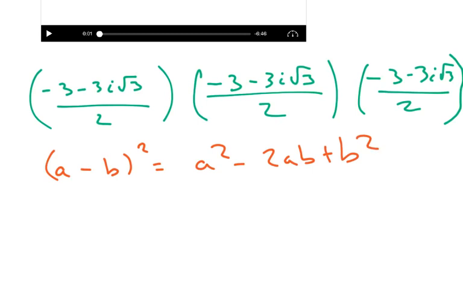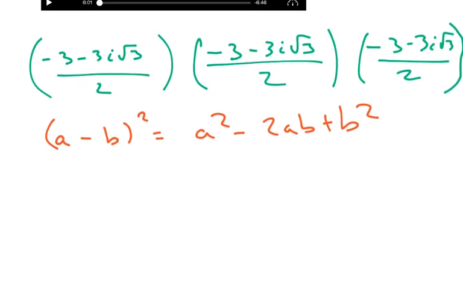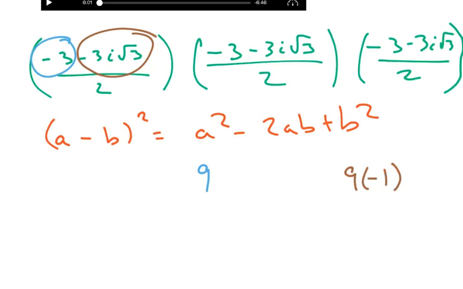So I'm going to follow the same exact game that I played last time. That means I'm going to square negative 3, and it's going to give me 9. In the back I'm going to square 3i√3, which is going to give me 9. i squared again is negative 1 times 3, because the square root of 3 squared is 3.